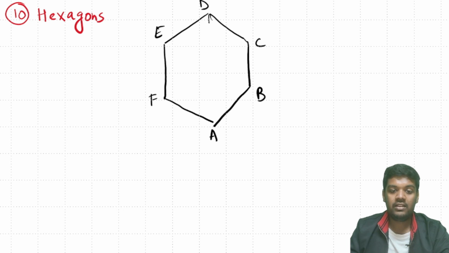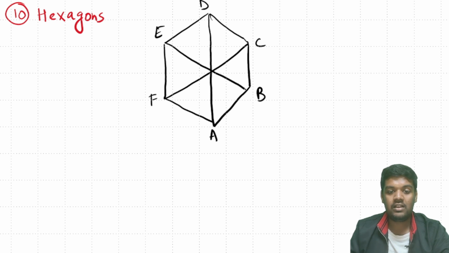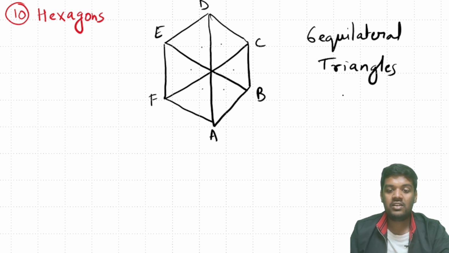If I join the opposite ends of A and D, C and F, and E and B, in the resulting figure, I get 6 parts. These 6 parts are nothing but 6 equilateral triangles. So a hexagon is nothing but 6 equilateral triangles.